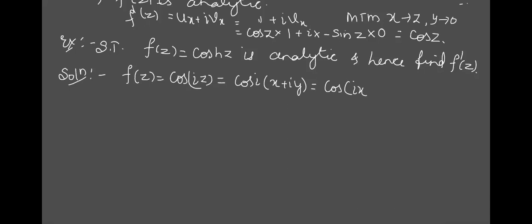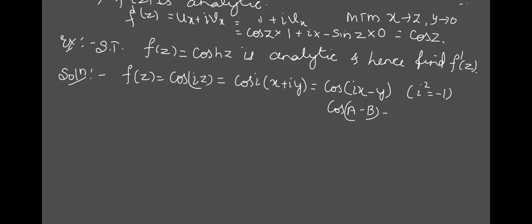I into iy is how much? I into i is i square. What is i square? Minus 1. So this is the form cos of a minus b.